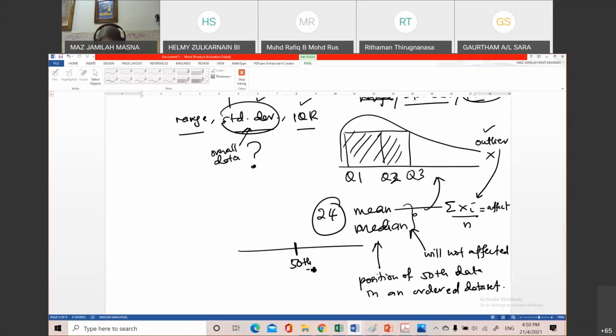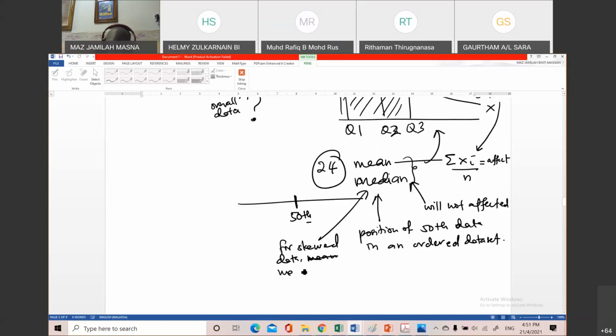So for a skewed data set, the median will always be the best. For skewed data, the median is the best.